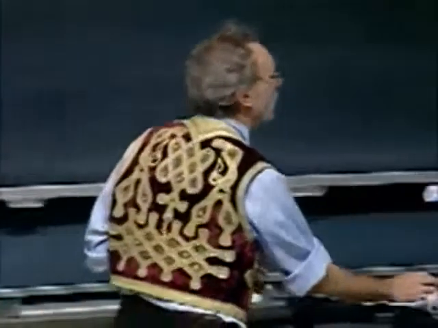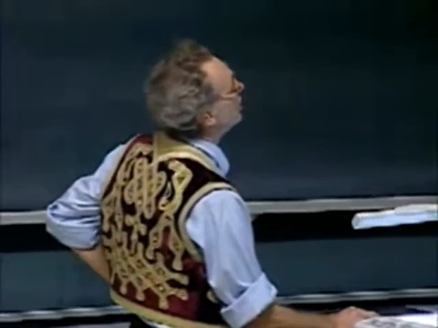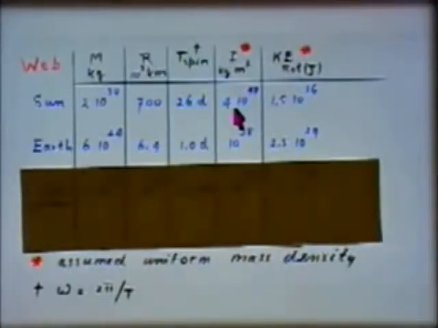So you have there the moment of inertia, which is easy to calculate with that 2/5 mr squared. And I did the same for the Earth. This is the radius of the Earth. And you see the moment of inertia of the Earth. Now I want to know how much kinetic energy of rotation these objects have. Well, the Sun rotates about its axis in 26 days, the Earth in 1 day. And so I finally convert everything to MKS units, and I find these numbers for the rotational kinetic energy.